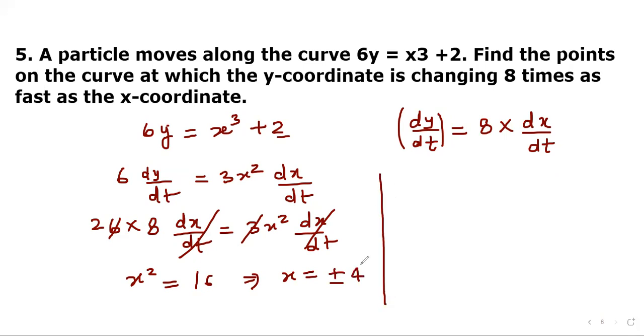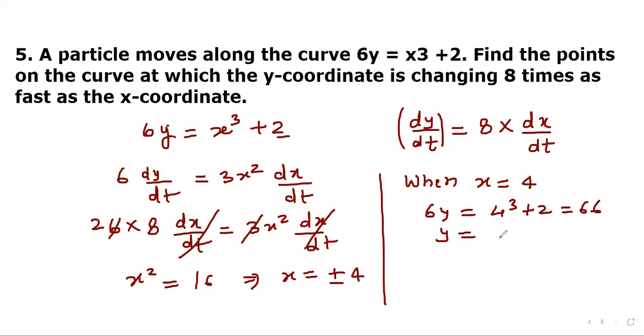Now we try to get the value of y from here. So when x equal to 4, then 6y equal to 4 cube plus 2, that is 66.